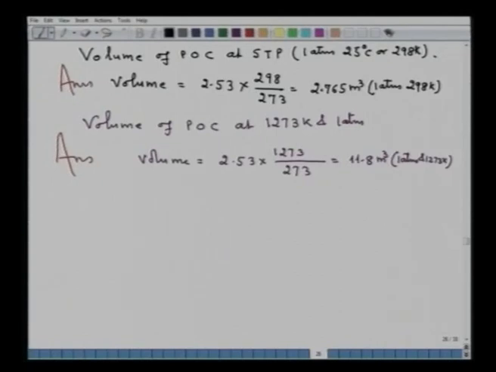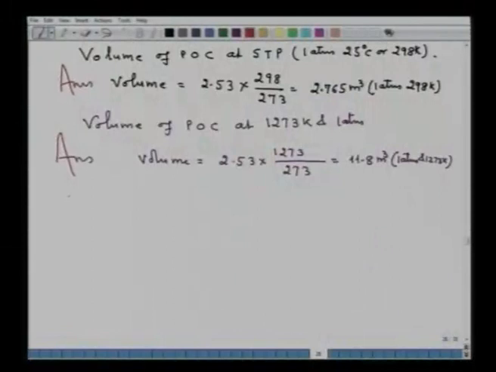What does it imply? While designing fuel fired furnaces, the volume of POC at that particular temperature is very important, because once you combust, the volume of POC will increase. So, accordingly the cross section area for the flow passage of the POC has to be designed.